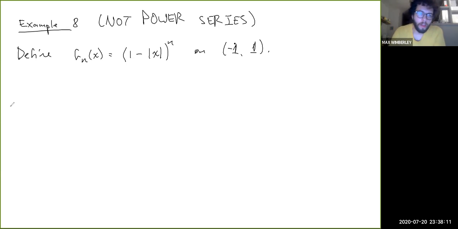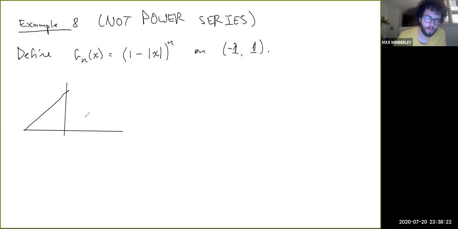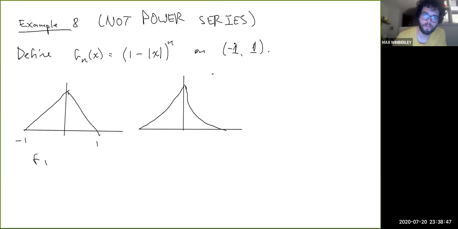Okay? So the graphs are like, this is f1. Let's make this a little bit more symmetric.